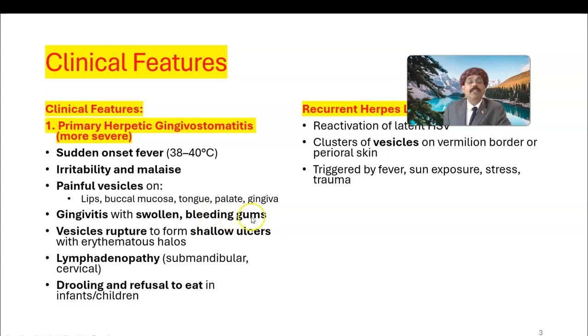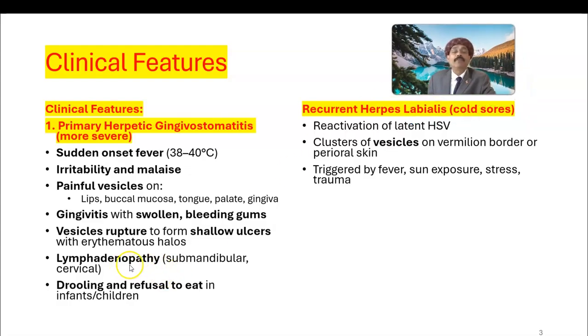Gingivitis with swollen bleeding gums; vesicles rupture to form shallow ulcers with erythematous halos. Lymphadenopathy: submandibular and cervical lymph nodes may be enlarged, and that is a usual finding. Drooling and refusal to eat in infants and children.